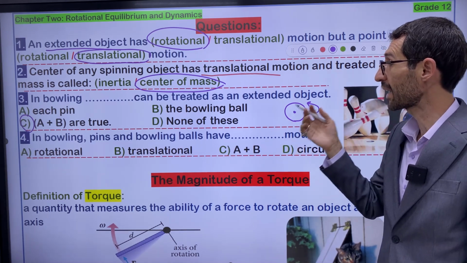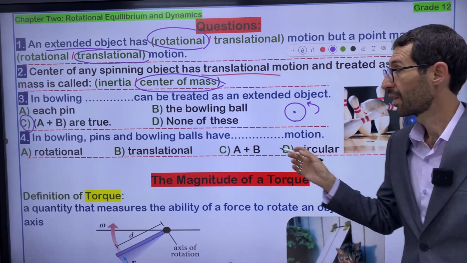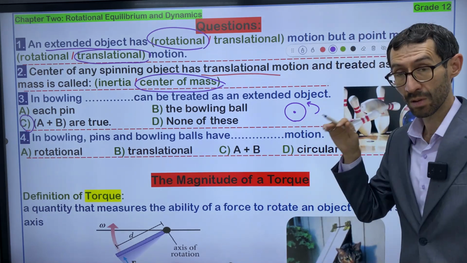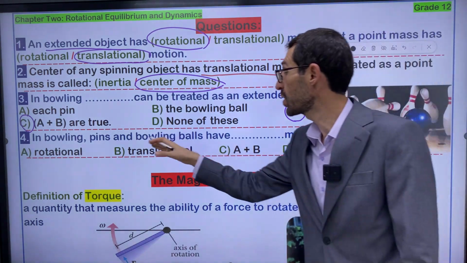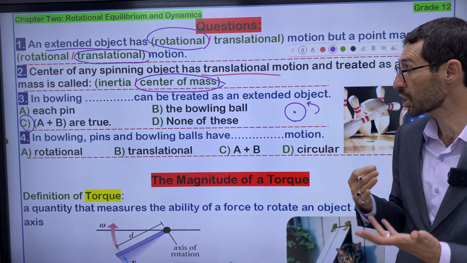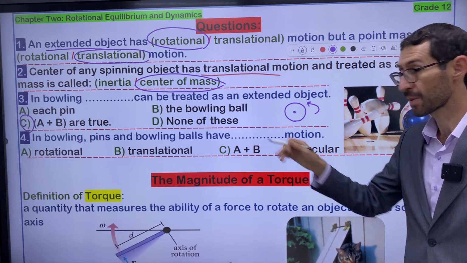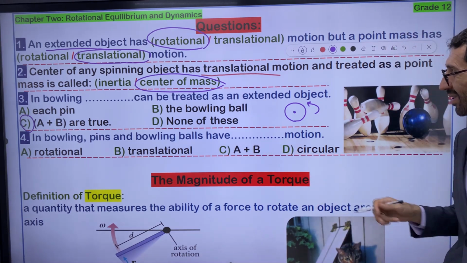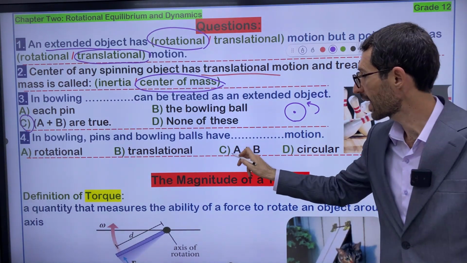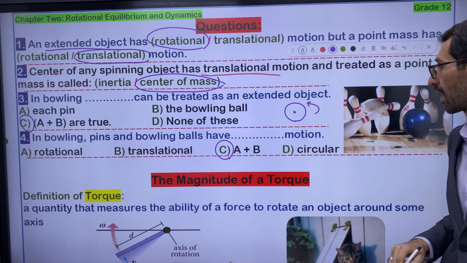In bowling, pins and bowling balls have A, rotational motion. Yes, they rotate. B, translational motion. They change their positions. C, A plus B. D, circular motion. So circular is not true. That's why A and B are true.